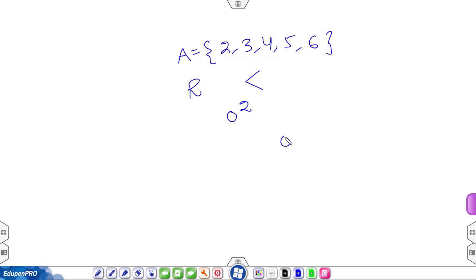So the nodes will be 2, 3, 4, 5 and 6, and the ordered pairs here will be 2 comma 3, 2 comma 4, 2 comma 5 and 2 comma 6, because these are all the ordered pairs that satisfy this relationship.